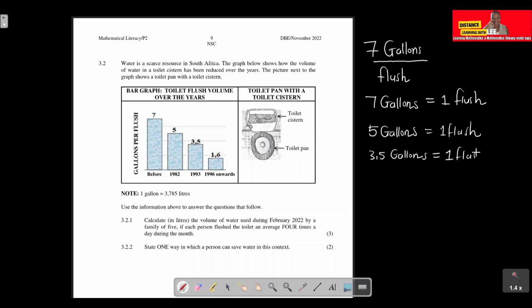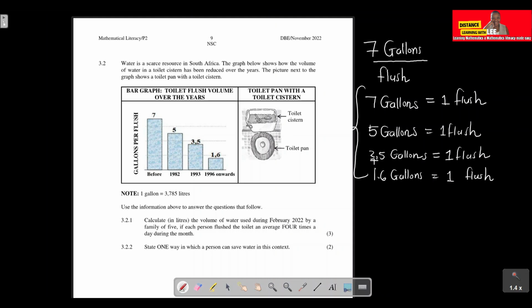So people in 1993 would use 3.5 gallons just for 1 flush. And in 1996 going onwards, people used 1.6 gallons of water just for 1 flush. So that is what that means there.